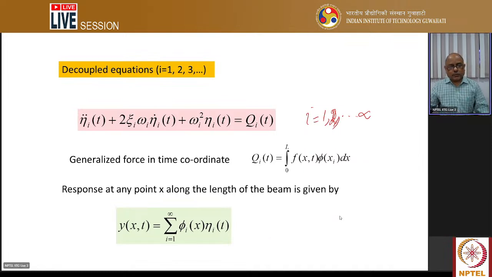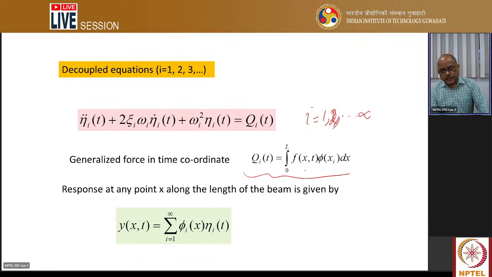But the question comes, what is Qi? Qi, in the process of orthogonalization, becomes like this. F(x,t) is the distributed force on the beam. When you consider the partial differential equation of a continuous system, the external force is treated as a distributed force; that is, it is a continuous function and its derivative exists.